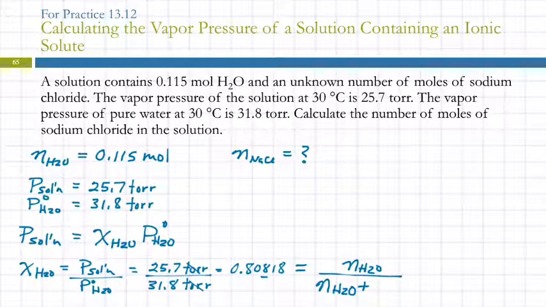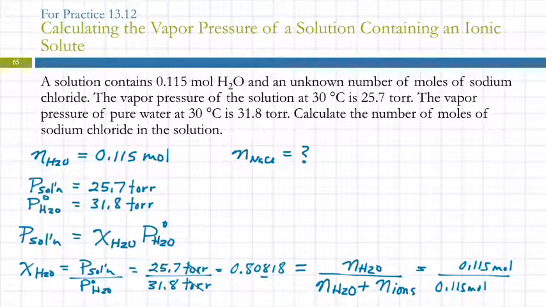So this is moles of ions down here. We'll just call it that. The moles of ions, not the same as moles of sodium chloride. We won't worry about that yet. So we know one of these, 0.115 moles, and this is 0.115 moles, plus moles of ions. So 0.80818 equals this mess.